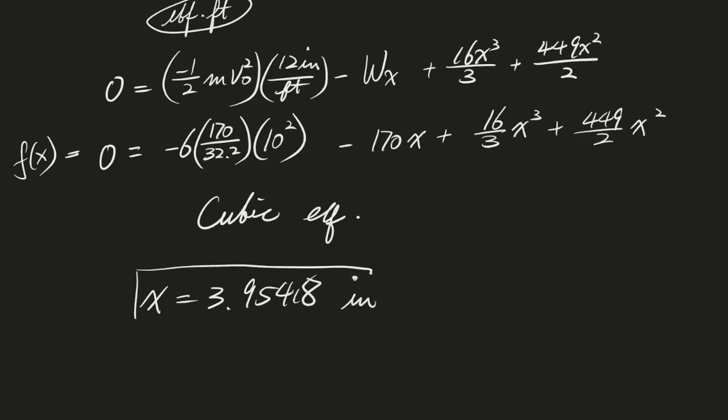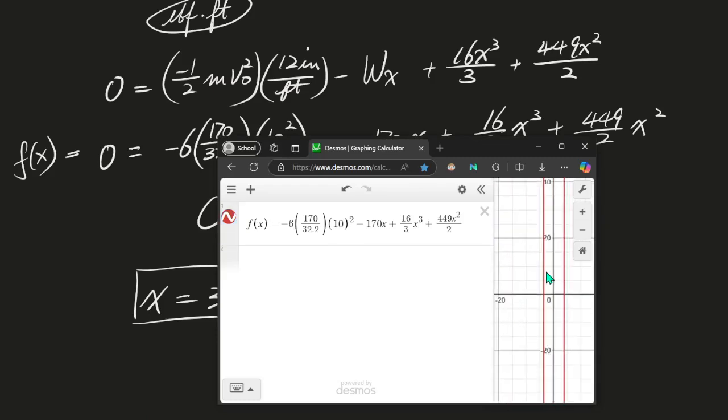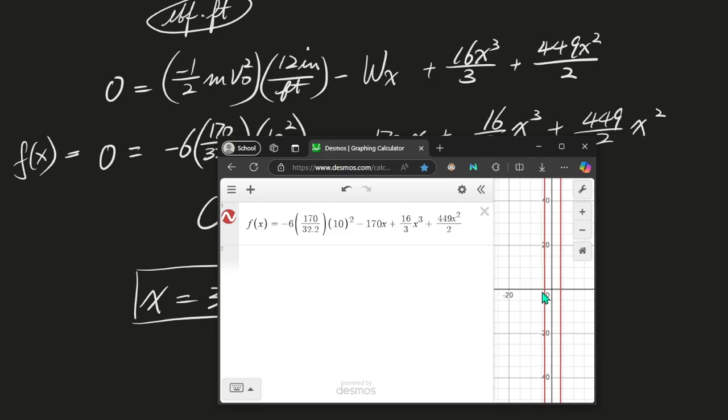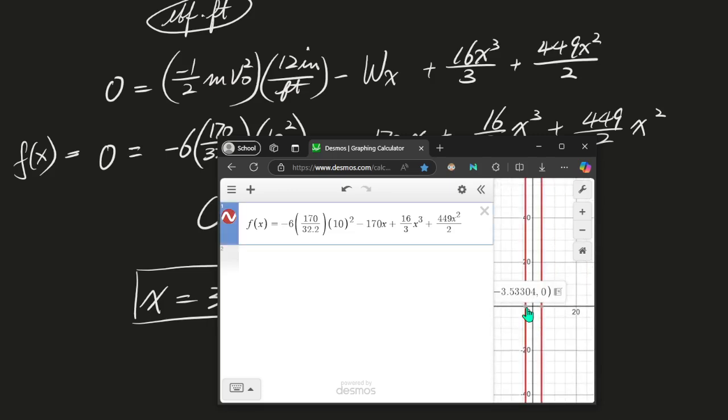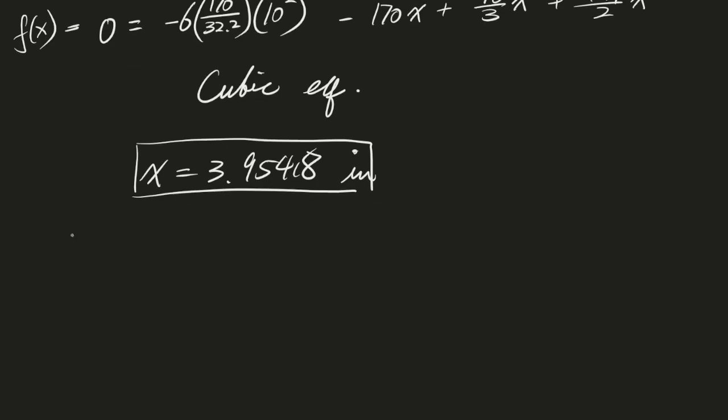So this is our first answer. Notice that there are 2 x-intercepts on this graph if I zoom out enough. The other one over here would technically be the spring stretched out itself instead of being compressed. So we want to take an x that's above 0.